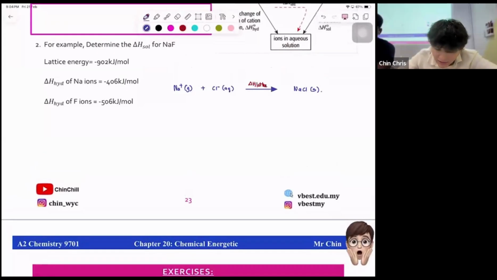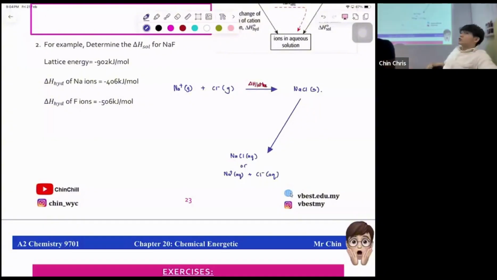Let's say NaCl solid turns into NaCl aqueous, or Na+ aqueous and Cl- aqueous. What is this reaction going to be?